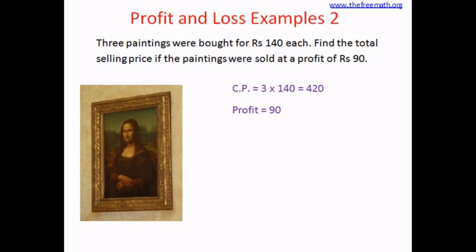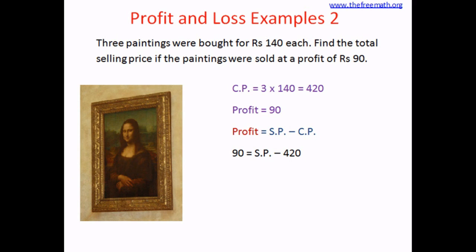The other way is simply write down the formula that you know. Profit equals SP minus CP. And profit here is 90. SP is something that you need to calculate minus CP, which is 420. That means something minus 420 equals 90.